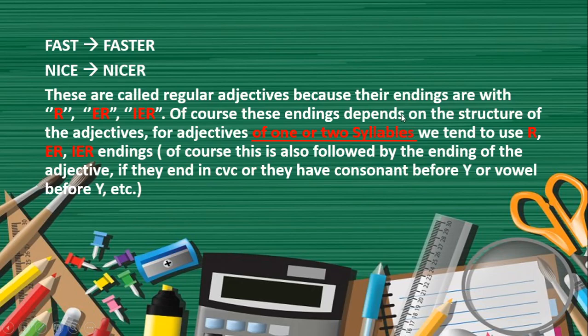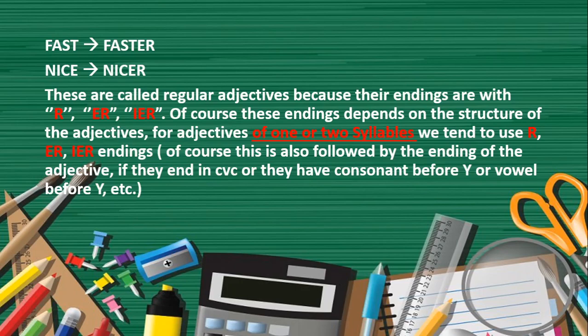Sorry, I committed a mistake there without the s. For adjectives of one or two syllables, for example, we tend to use r, er, or ier endings. Of course, this is also followed by the ending of the adjective, if they end in CVC or they have a consonant before Y or a vowel before Y, etc. So what does that mean?